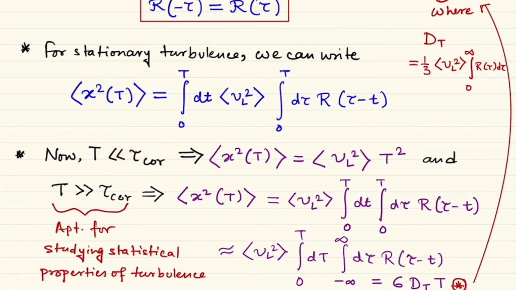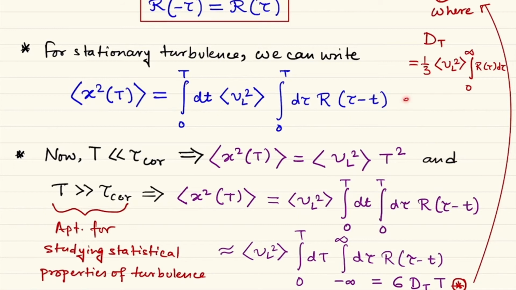The correlation time is the time beyond which the 2-point velocity correlations have decreased by a significant amount, by about 67% rather, that means down to 1 over e.